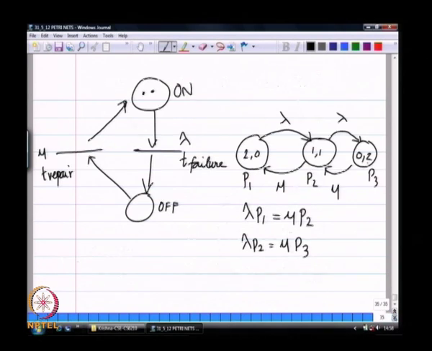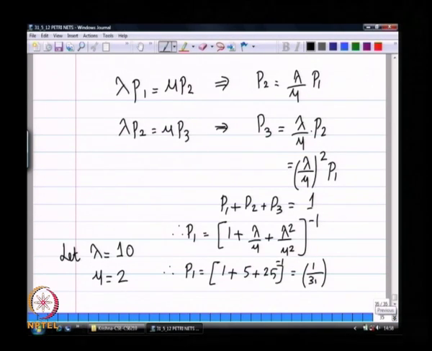Sorry, lambda equals 10 means that the mean time to failure is actually 0.1. So lambda should be very small. That means every 0.1 units of time on average I am going to fail, and that is not a particularly good scenario. So we will have to go back and rework this.